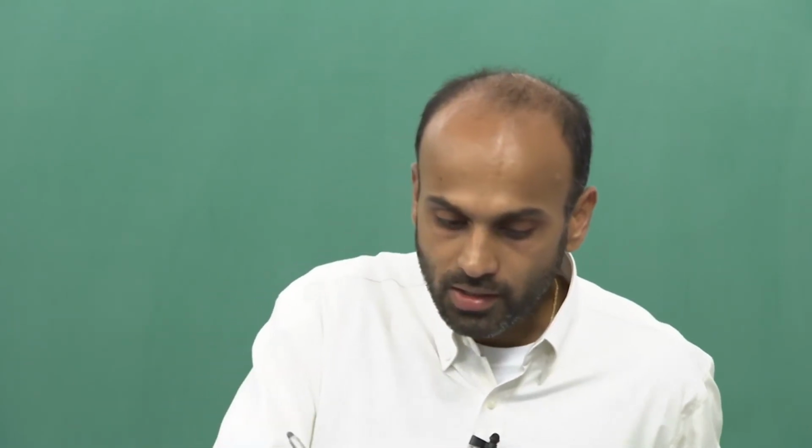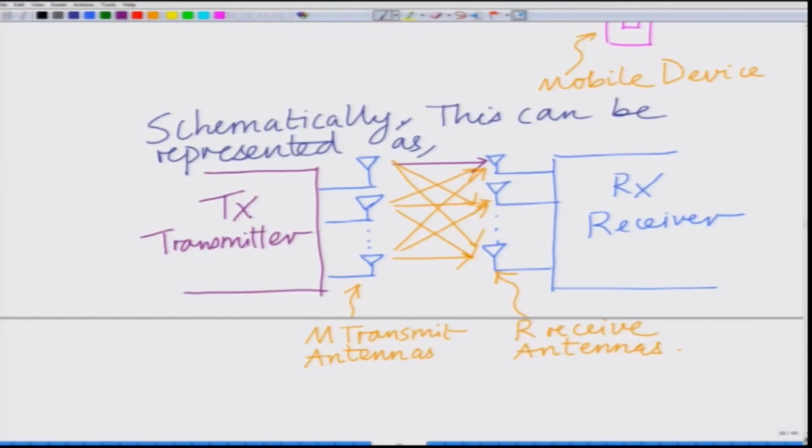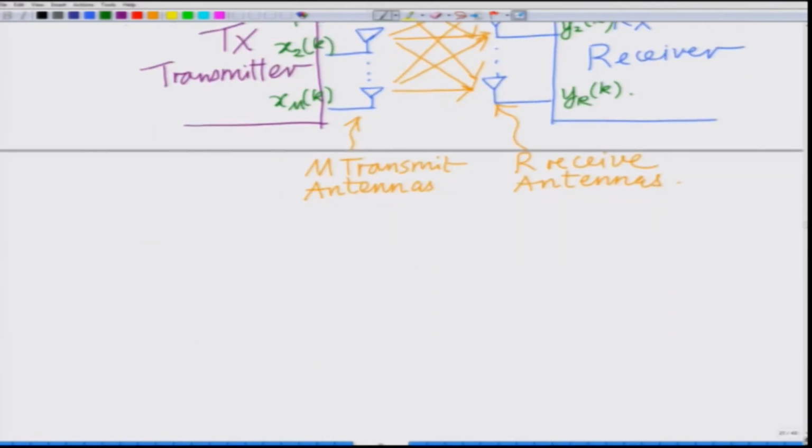Let us consider the symbols transmitted on these m transmit antennas to be x1k, x2k, and so on up to xmk.